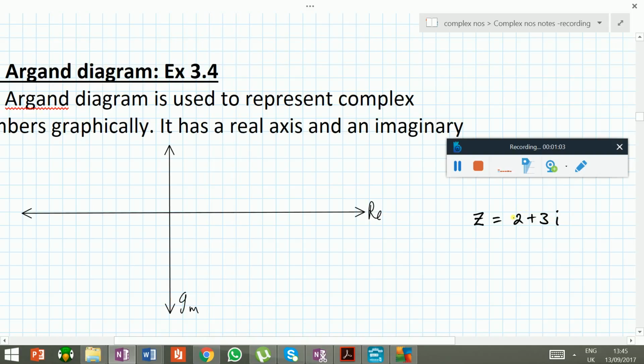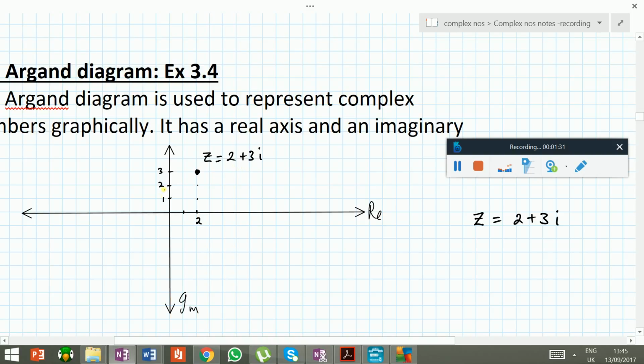Well, the real part is 2, so we go up 2 units on the real axis. The imaginary part is 3, so you go up 1, 2, 3 on the imaginary axis, and you do your dot. And this dot represents the complex number 2 plus 3i.